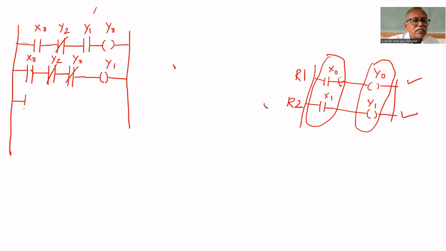Then the third rung again consists of X0 and Y2. Let us assume that the lamp is connected at Y1.